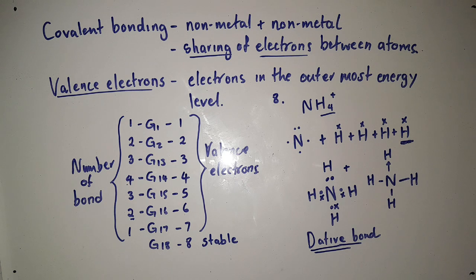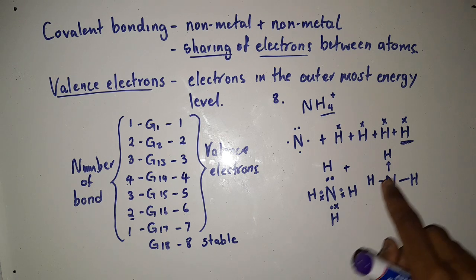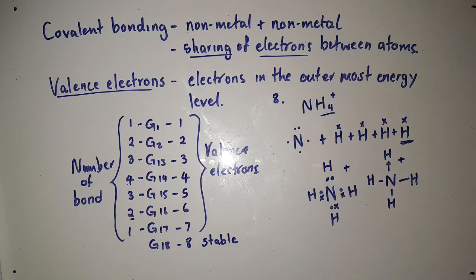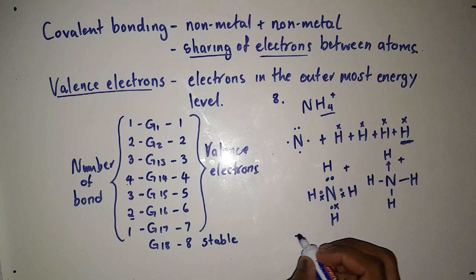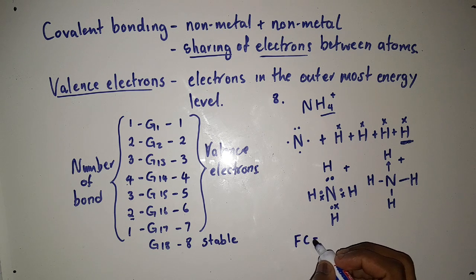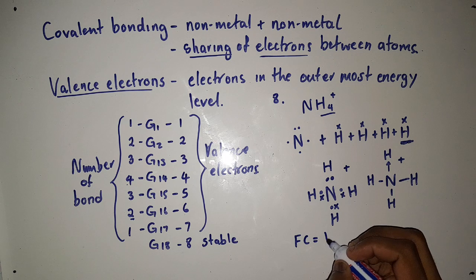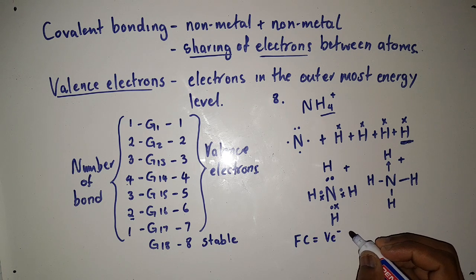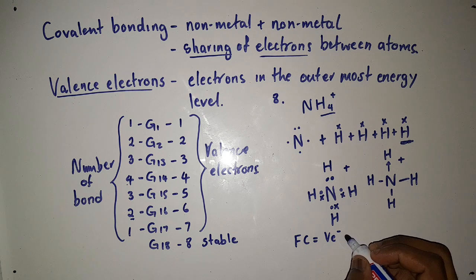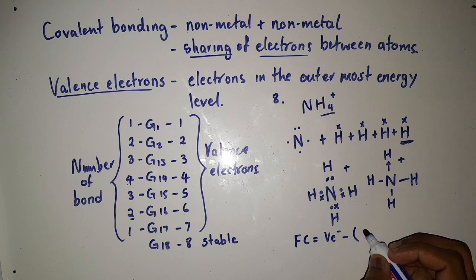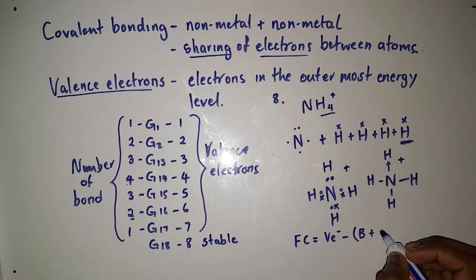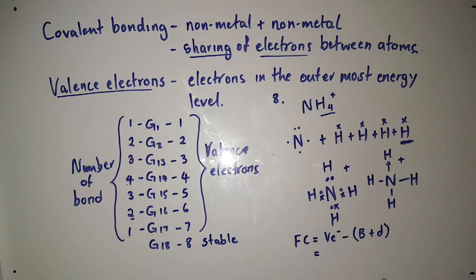Then now I want to show you where this plus charge comes from. We call those formal charges. It is given by the number of valence electrons minus the number of bonds plus dots, which is like this.